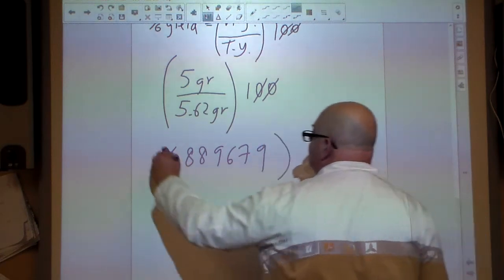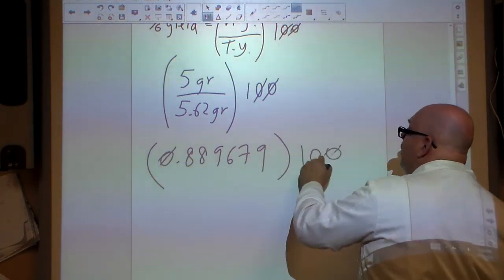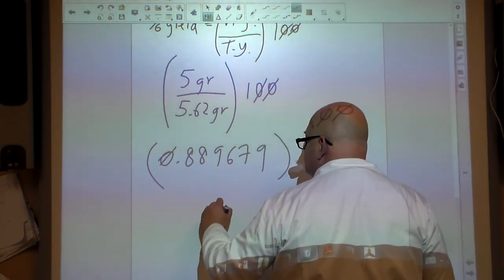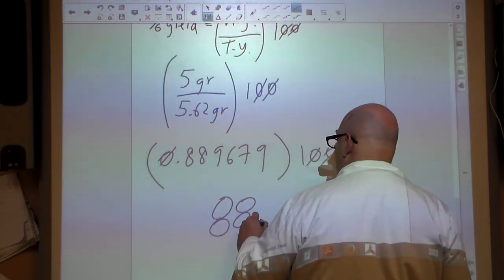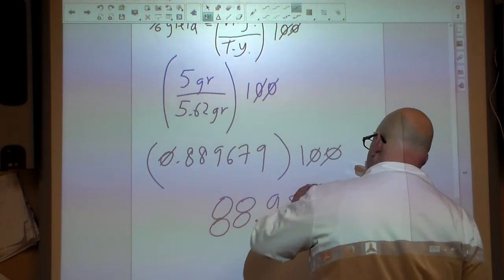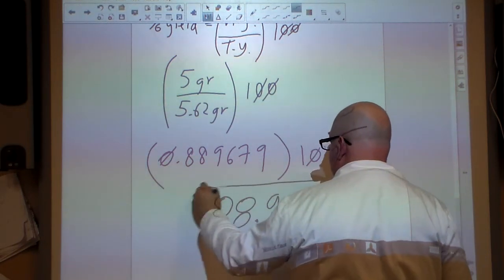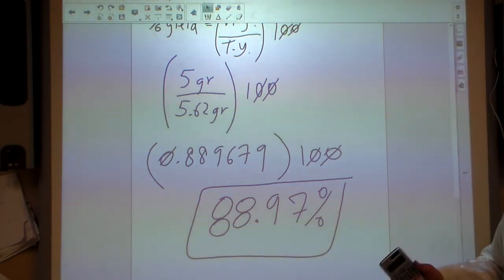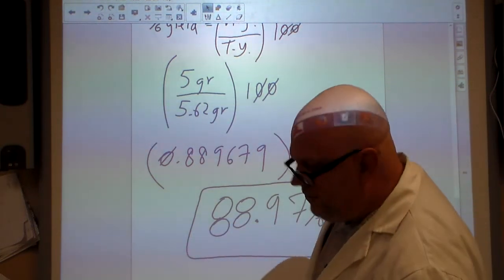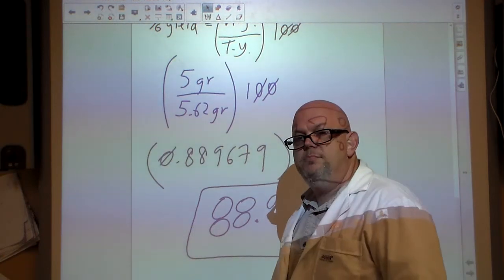We multiply that by 100, and we're going to round it to 2 decimal places, so it's going to be 88.97%. So our percent yield is 88.97%.